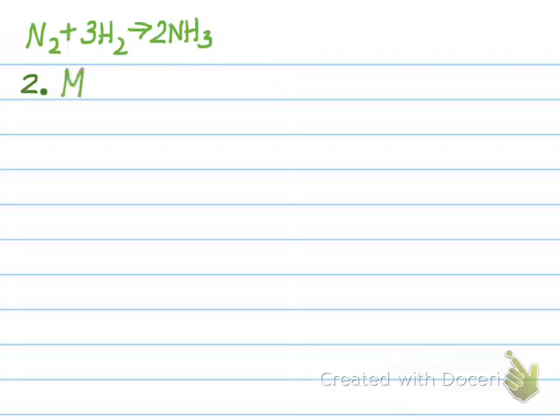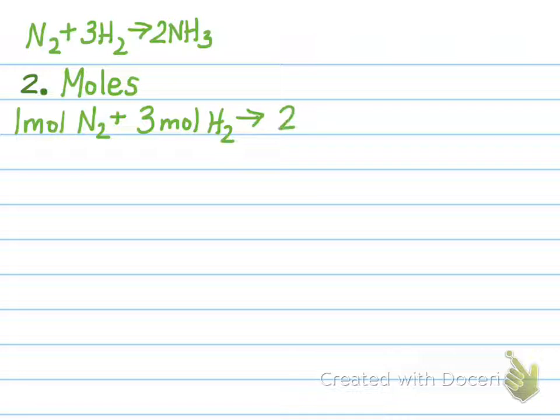The second set of information that we can get from this balanced chemical equation, which again I'll just put up here so that we have it to look at, is that we can interpret it in terms of moles. In terms of moles, I would interpret this example as 1 mole of nitrogen plus 3 moles of hydrogen produce 2 moles of ammonia.